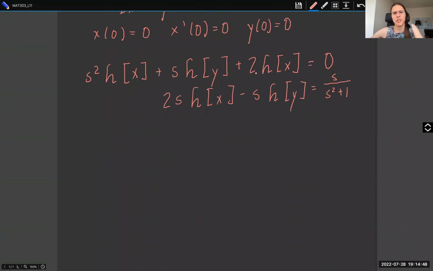Well, we can rearrange this. What we get is that s squared plus 2 times the Laplace transform of x plus s times the Laplace transform of y is equal to 0.